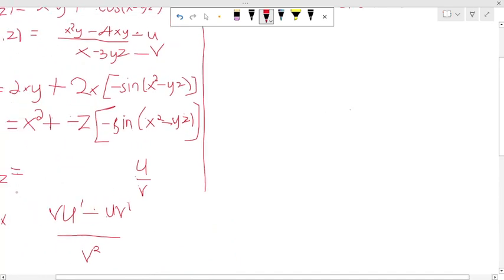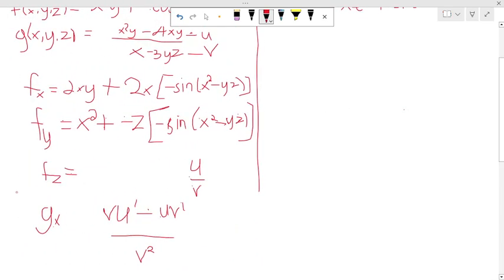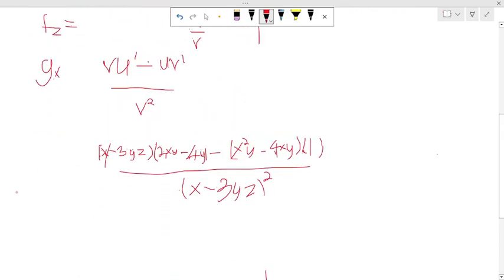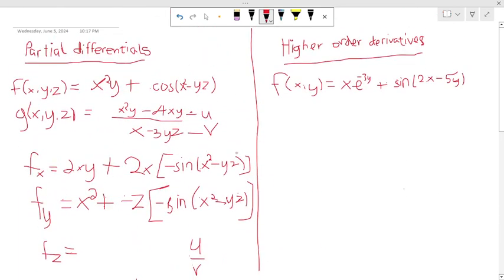That's the partial differential of g with respect to x. Now you can go through this procedure to compute the partial differential of g with respect to y, as well as with respect to z. I'm going to leave this to you, my lovely viewers, to do the partial differential of g with respect to y and the partial differential of g with respect to z.